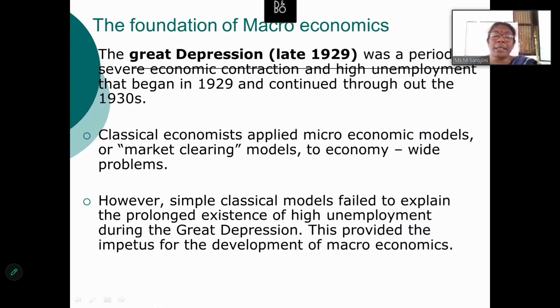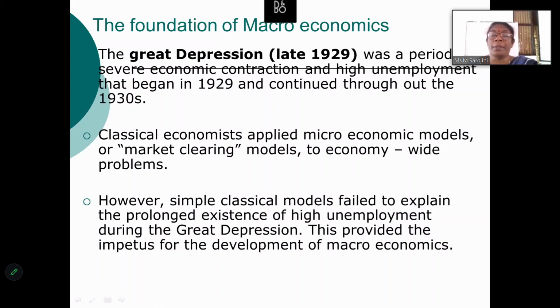Classical economics applied microeconomic models or market clearing models to economy-wide problems. During this period, the world experienced severe economic contraction as well as a high unemployment rate. This should be rectified and recovered.